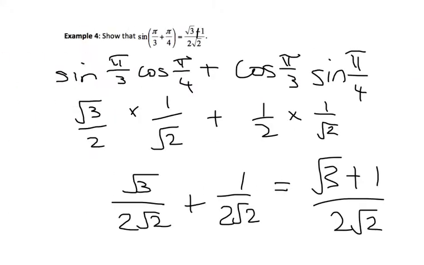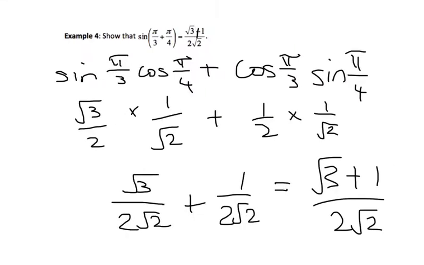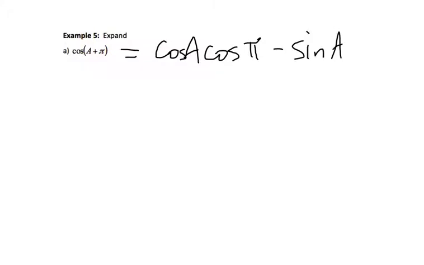Okay. Expand cos A plus pi. Well, we saw this morning that that's going to be, I don't remember, and it's not something you need to remember, cos A cos B minus sine A sine B. Okay, so cos A cos pi minus sine A sine pi.